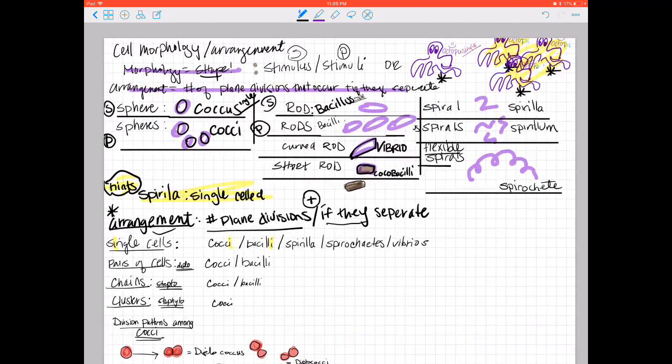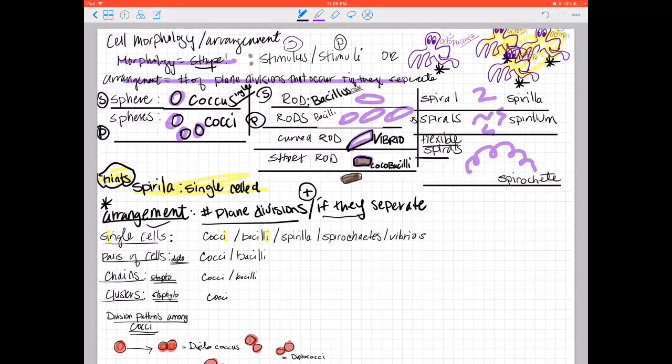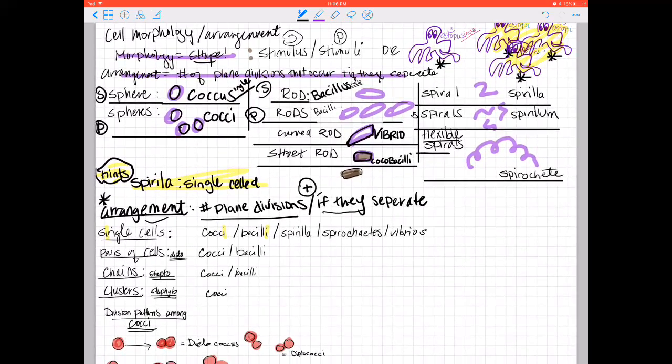The thing that I think is messing many people up, including myself when I was creating this, was the fact that plural, which means many, and singular, which means just one, can get confusing because of the nomenclature used to describe different bacteria.